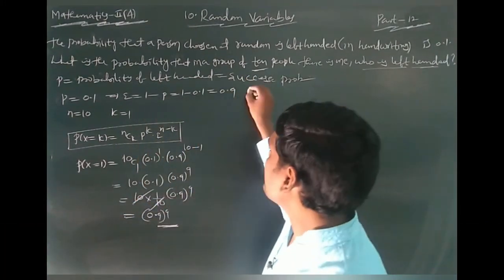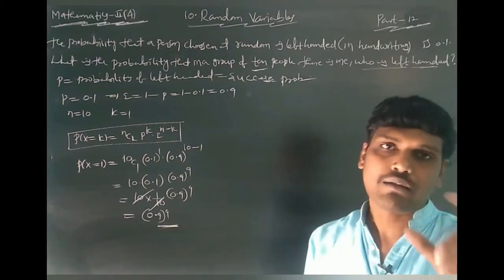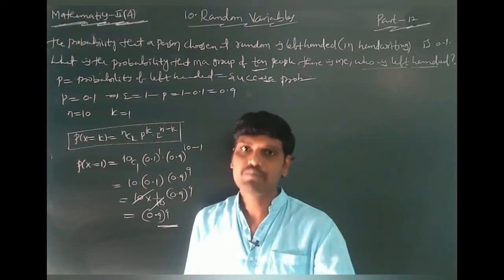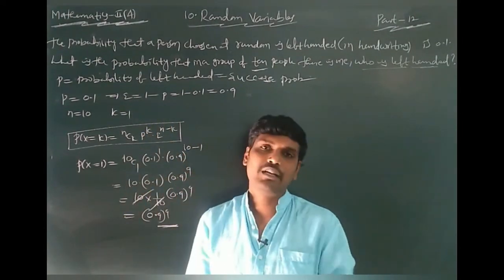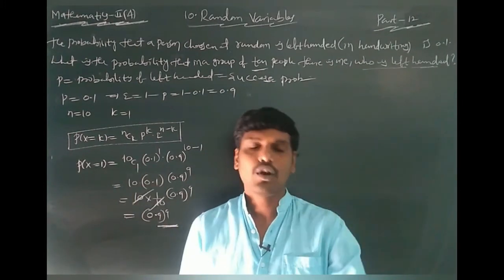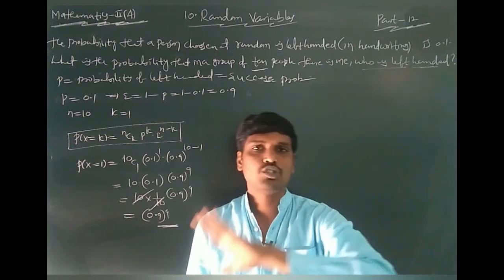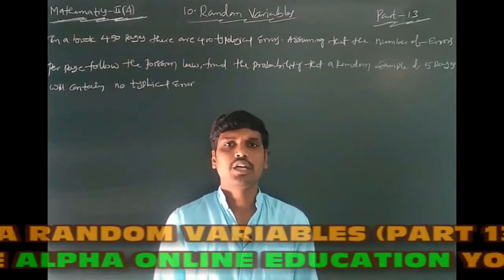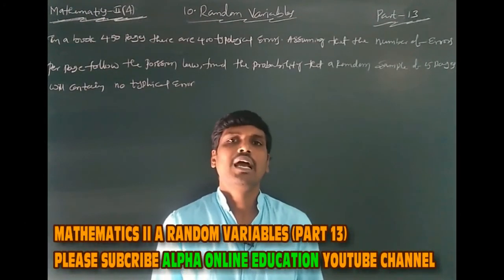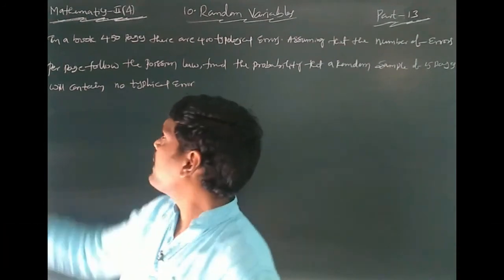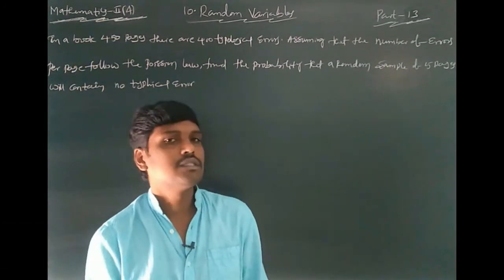Understood? This is a repeated 2 marks problem, a very important repeated problem. This problem is totally explained as a shortcut; you can write it clearly in classwork. Okay, in this binomial distribution, the 2 marks, 4 marks and 7 marks problems are completed. This is the 10th chapter, random variables, which belongs to Mathematics 2A, part 13.